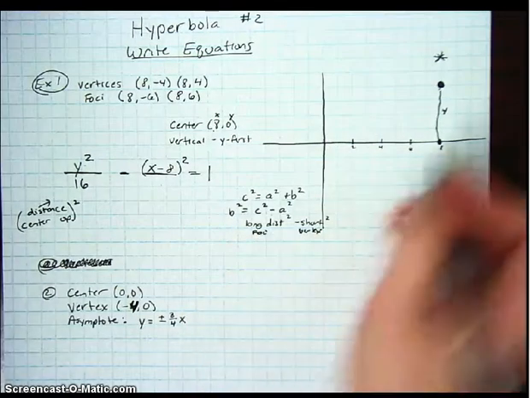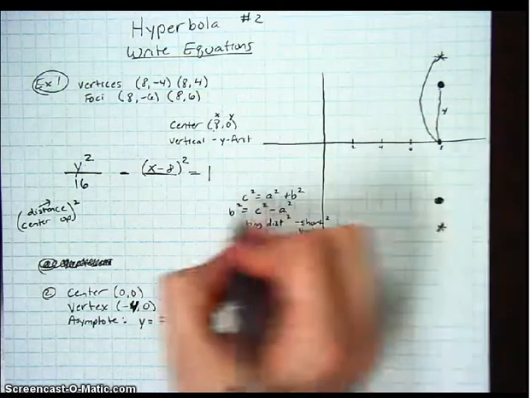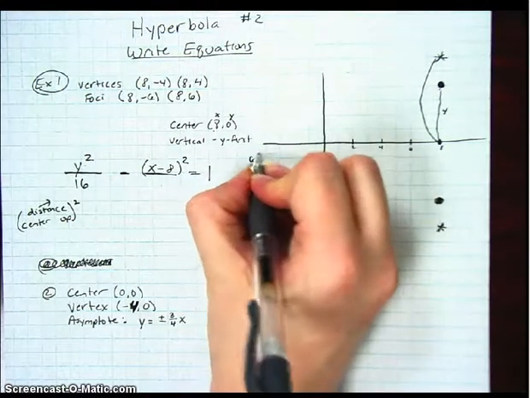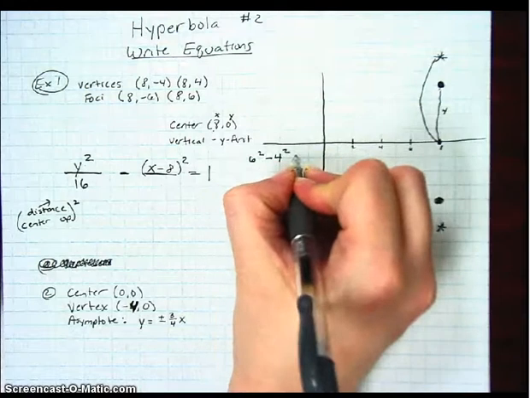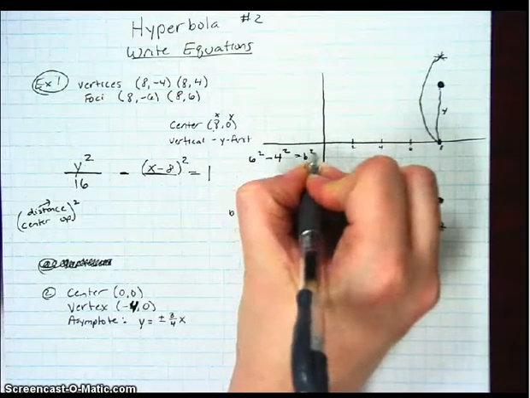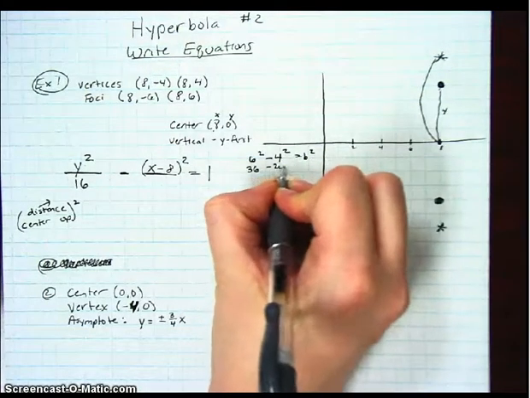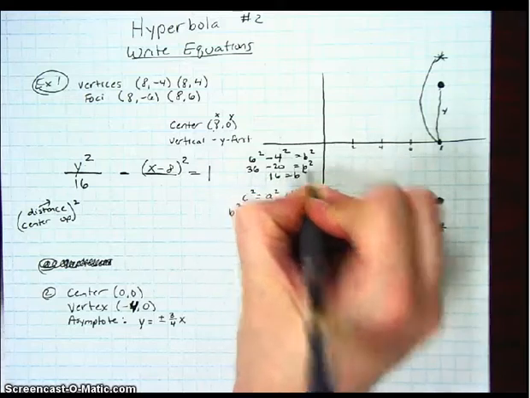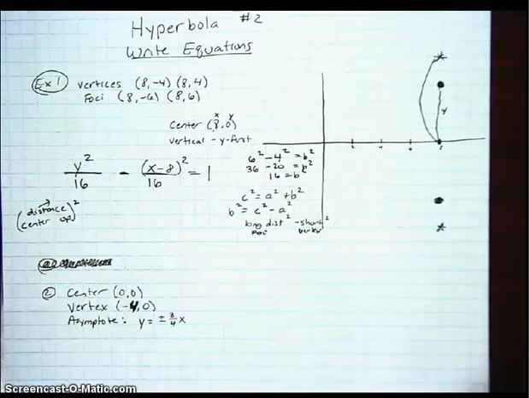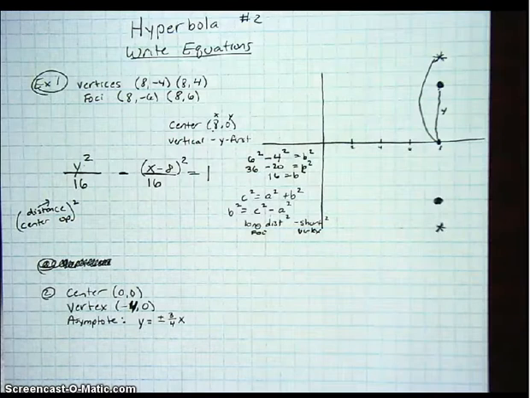In this problem, our foci are 6 units away. So we're going to have 6 squared minus our vertex distance, which is 4 squared, equals b squared. So 36 minus 16 equals b squared, so 20 equals b squared. That number is what goes under here.